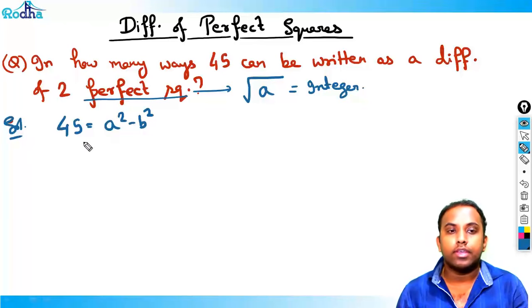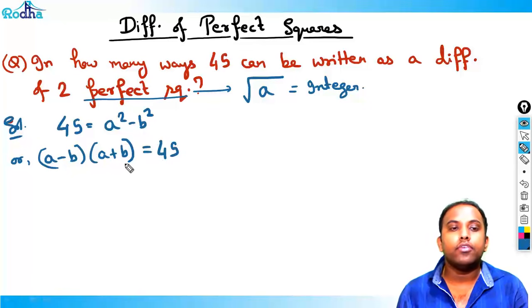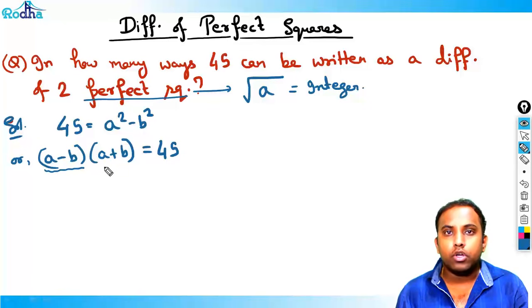Now see here, if I write this as a minus b into a plus b equal to 45, that means I am trying to write 45 as a product of two numbers. What are the ways?